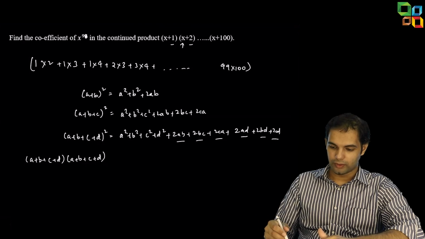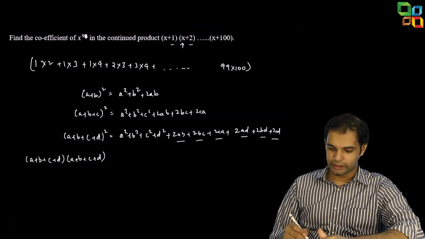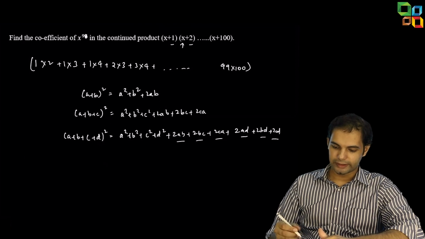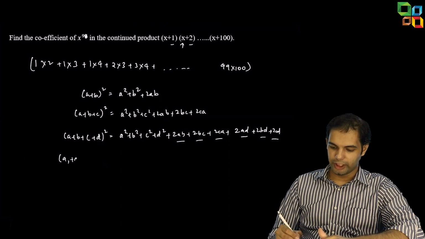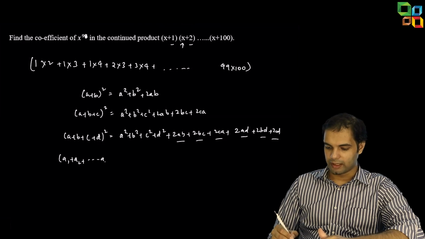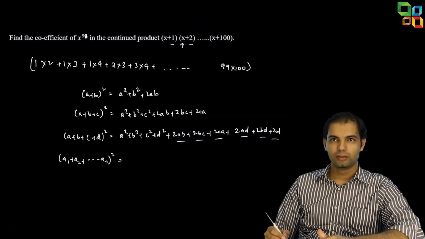Suppose instead of four terms, if I generalize and write this as A1, A2 up to AN whole square, can you tell me what it is? What would the sum be?